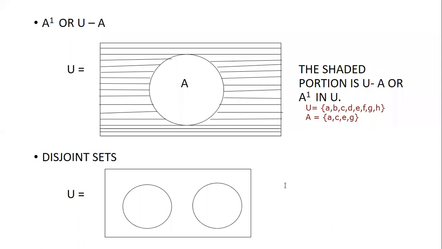That union part is wrong, my dear. Others also must answer quickly. How do I calculate A complement? Very good. The elements which are not in A. Very good, Rida. Whatever elements are not in A, but they are in the universal set. Very precise. Very good.